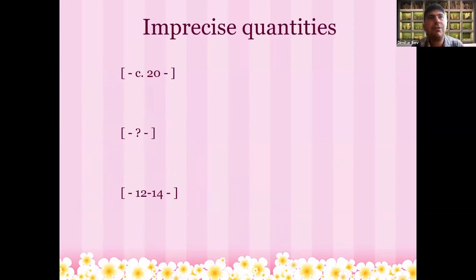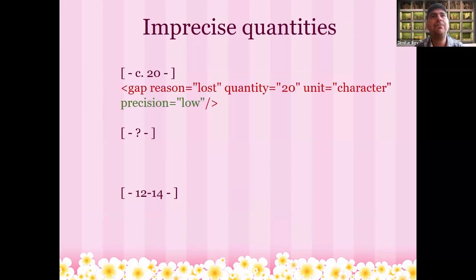Imprecise quantities. You can have a gap, a lacuna of circa 20 characters missing, or an unknown amount of characters or lines missing, or something between 12 and 14 characters missing, depending on how many ligatures were there in the original inscription in that exact place, which is now a lacuna.